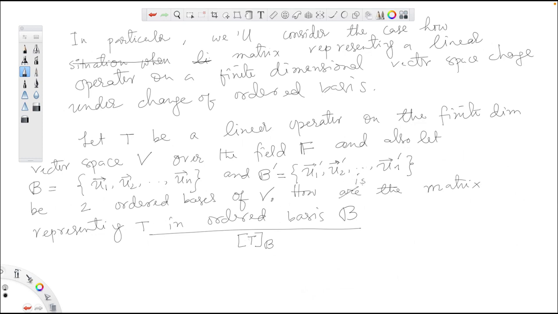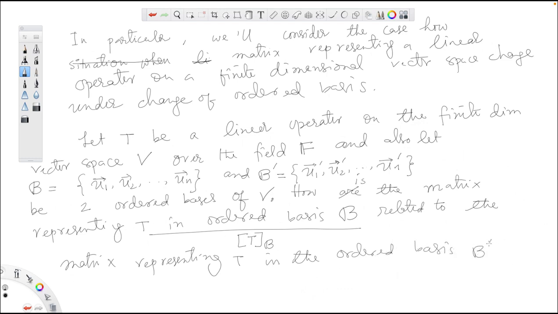I should write, how is the matrix representing T in ordered basis B related to the matrix representing T in the ordered basis calligraphic B prime.